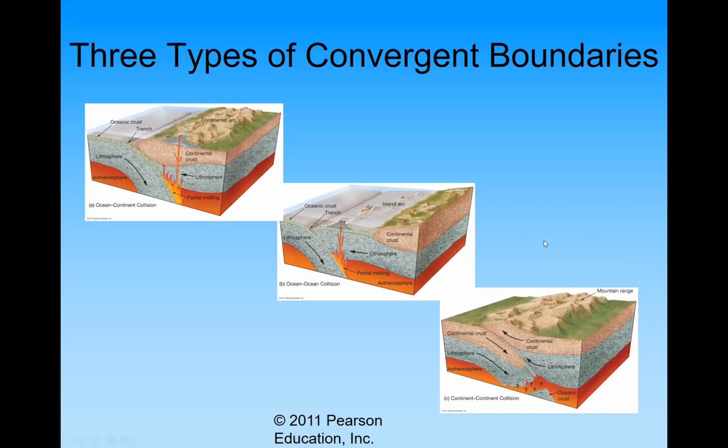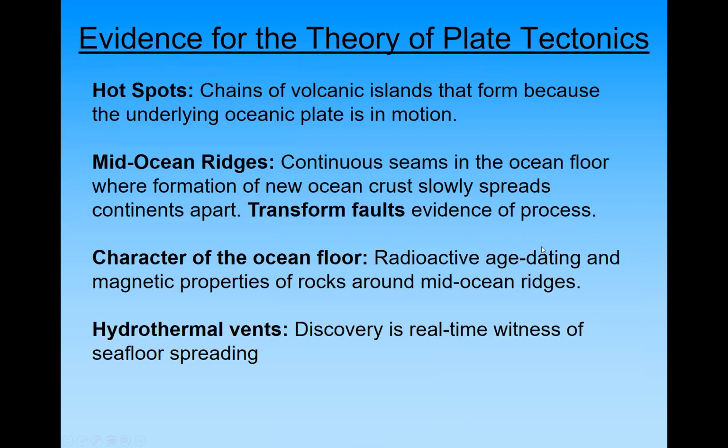So we are now in a position where we can review the evidence for the theory of plate tectonics. We have hotspots, chains of volcanic islands that form because the underlying oceanic plate is in motion. We have mid-ocean ridges, which are continuous seams in the seafloor where new ocean crust is forming and spreading apart. And we have transform faults along those mid-ocean ridges, which confirm that this process is ongoing.